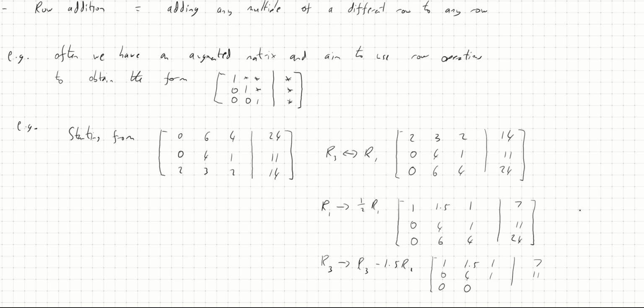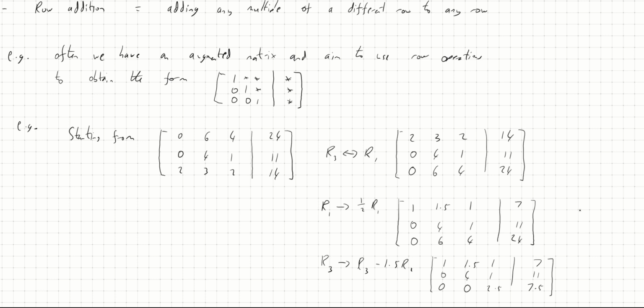Then 1.5 times 1 is 1.5. 4 take away 1.5 is 2.5. And finally 24 take away 1.5 lots of 11. That's 7.5. Okay, so we're most of the way.